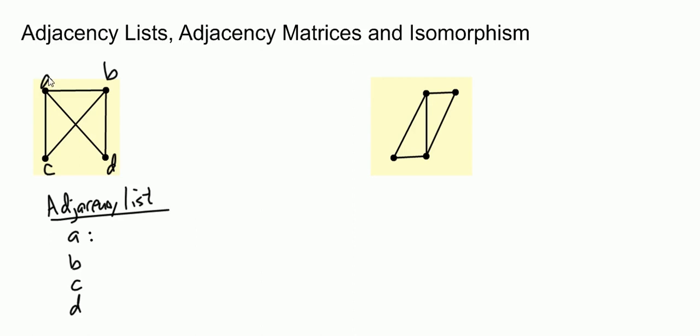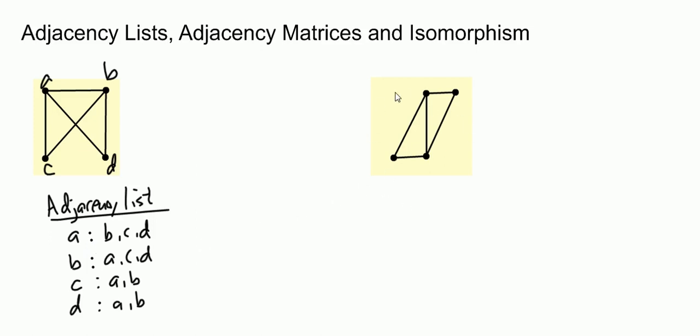So A is adjacent to the vertices B, C, and D. B is adjacent to A, C, and D. C is adjacent to just A and B, and D is adjacent to just A and B. An adjacency list gives a representation of the graph, not by listing explicitly the edges, but by listing all of the vertices that each vertex is adjacent to.